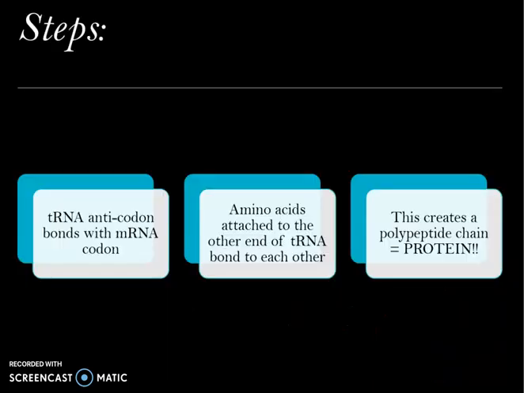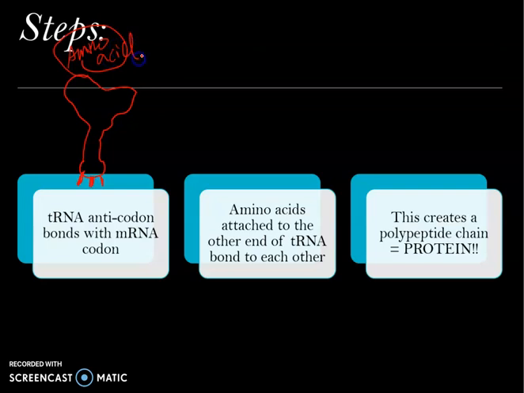So let's go step by step through this process. So I start out with a tRNA anticodon. What the tRNA looks like is sort of this weird glob like this. And there are 3 bases here. Base, base, base. And on this end, I have an amino acid. So this is my tRNA.